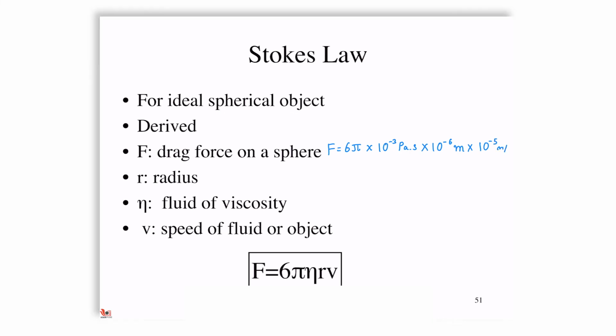So we end up with F approximately equal to 10 to the power minus 3, minus 6, and minus 5. So minus 9, minus 5 is minus 14. So it is 6 pi, which is 6 times 3, so 18. That's about 10 to the power 1.